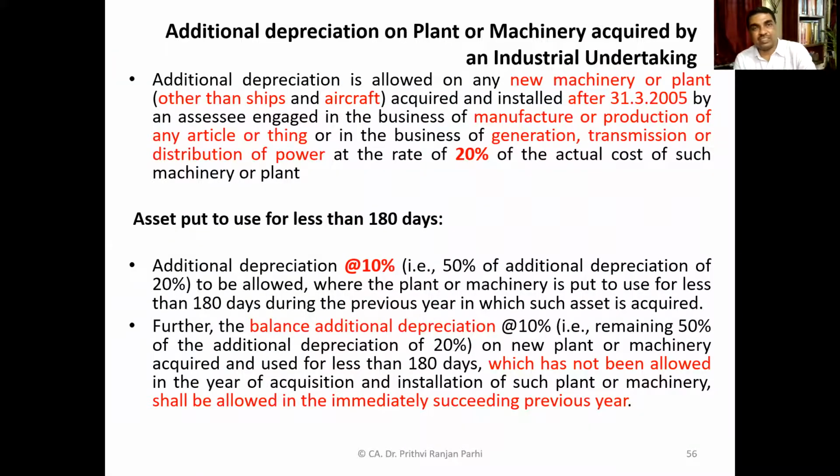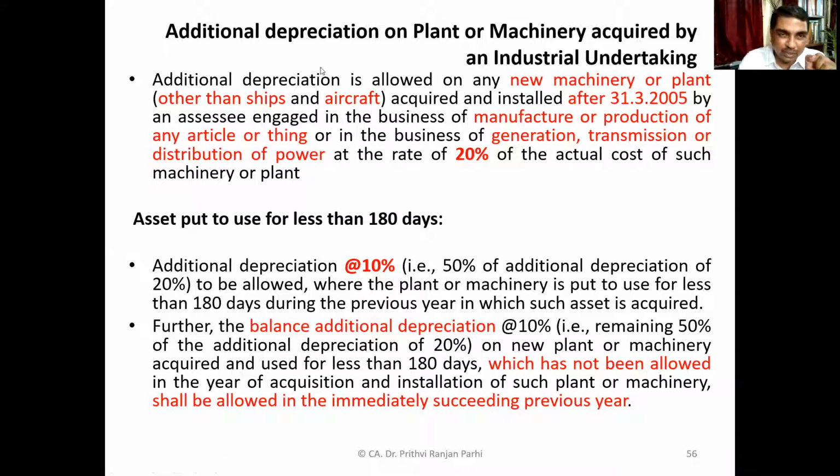Now friends, the next concept about depreciation we need to learn is the concept of additional depreciation. It is specific to some industries and some plants. Additional depreciation is allowed on new machinery or plant, other than ships and aircraft, which are acquired or installed after 31st March 2005, by assessees who are engaged in the business of manufacture or production of a particular thing, or in the business of generation, transmission, or distribution of power.